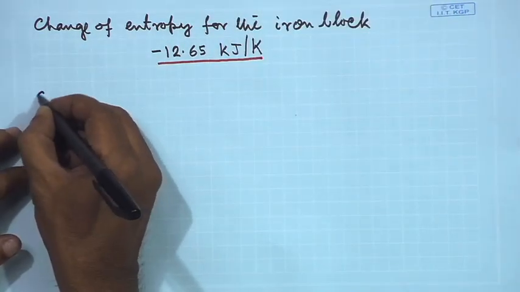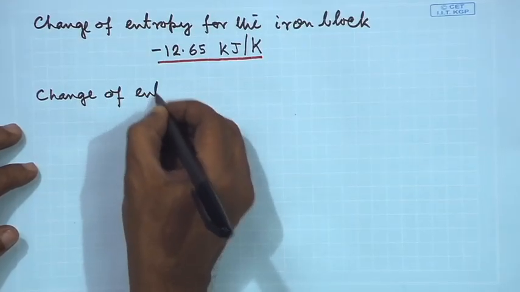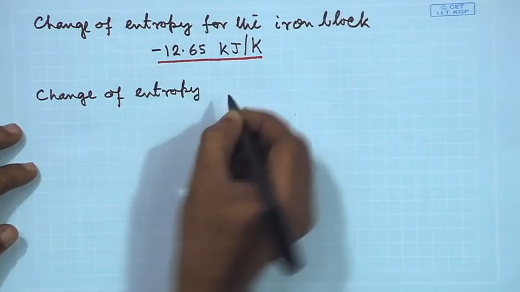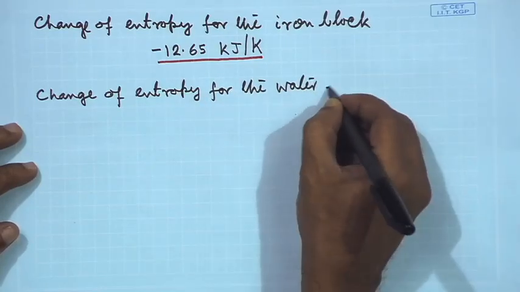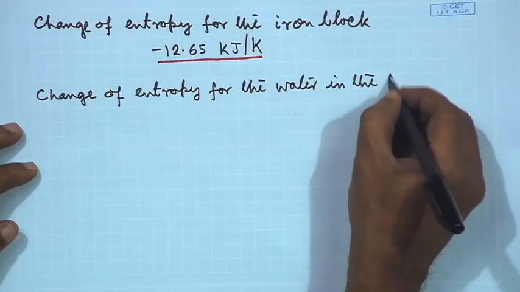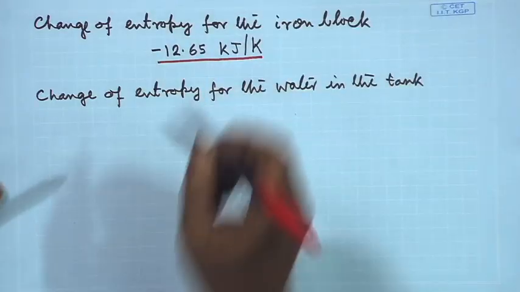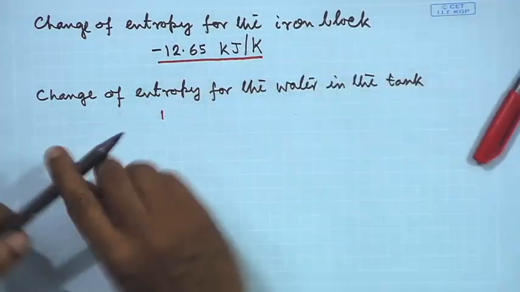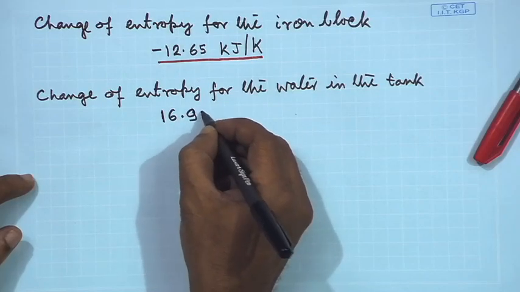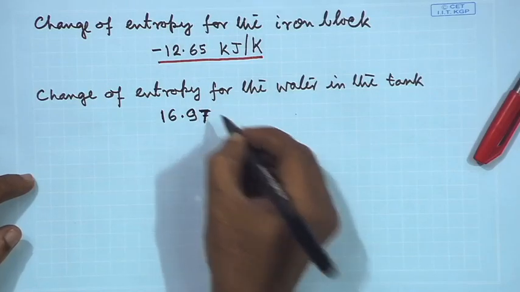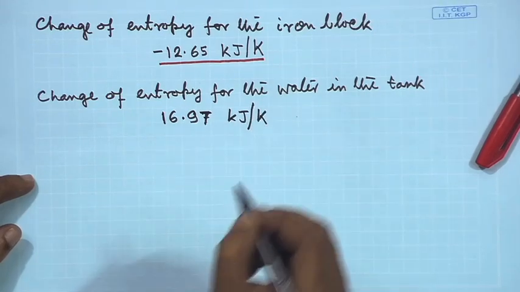Then we can determine change of entropy for the water in the tank, and that we have calculated as 16.97 kilojoule per Kelvin.